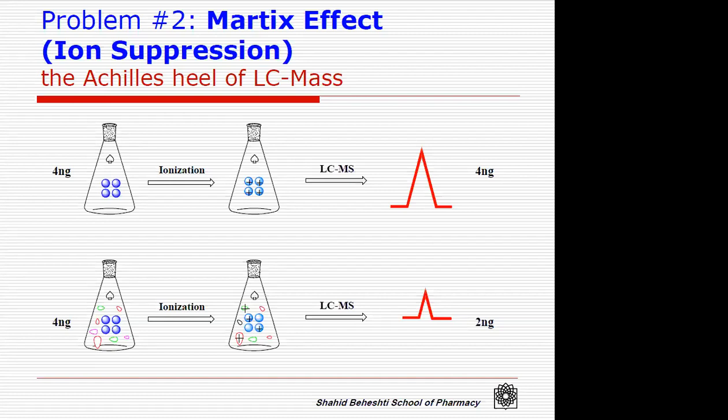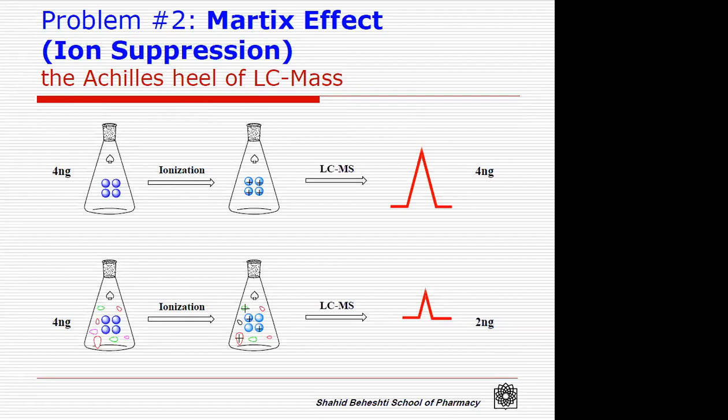And the signal is going to be proportional to the part of the compound which is ionized. And then we will have the wrong answer. We are giving the wrong concentration, which is not acceptable.